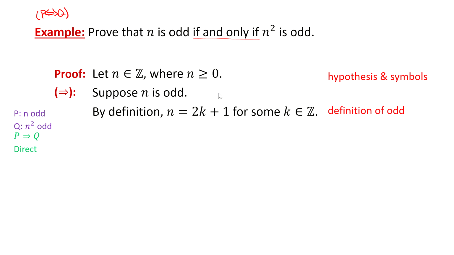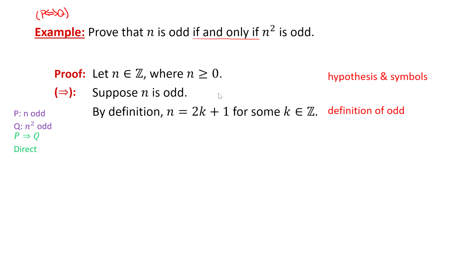So if we use our definition of odd, this tells us that n is 2 times some other integer plus 1. I use k for the some other integer. You can use any letter you want, but you cannot use n because n is already in play. Okay. Now, once we know how the definition of odd plays in so far, next we're going to start looking ahead to, well, what's going on with n squared?